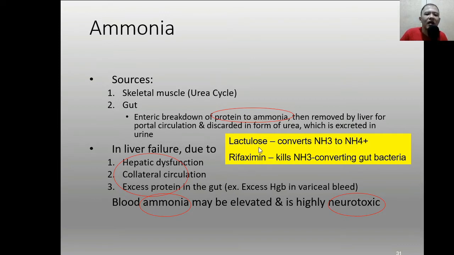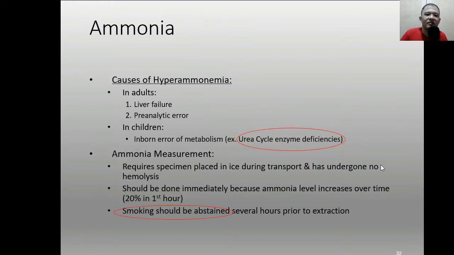Rifaximin kills the bacteria that convert protein to ammonia. The causes of hyperammonemia are the following. You have it, of course, in liver failure. It may be an inborn error of metabolism, urea cycle enzyme deficiencies.